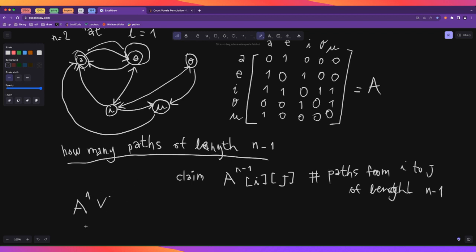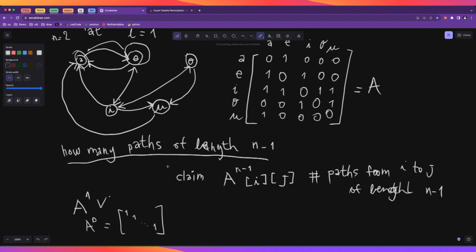Even the case of A to the 0, which if you remember from linear algebra, is going to be the identity matrix, which is all ones in the diagonal.